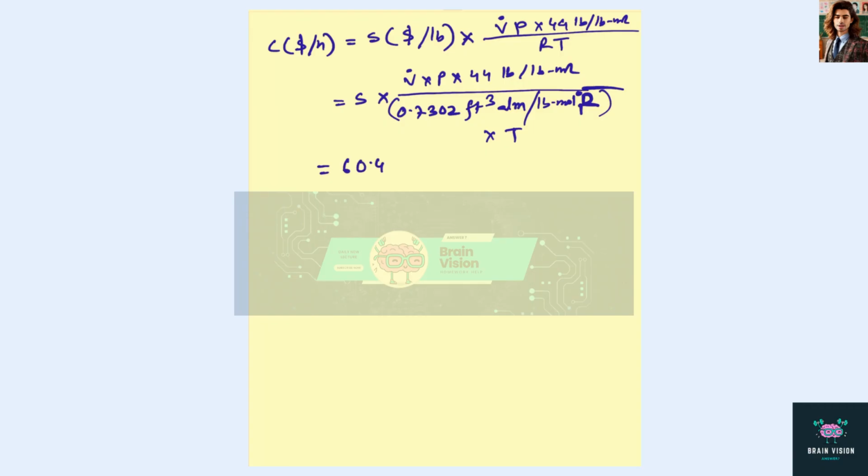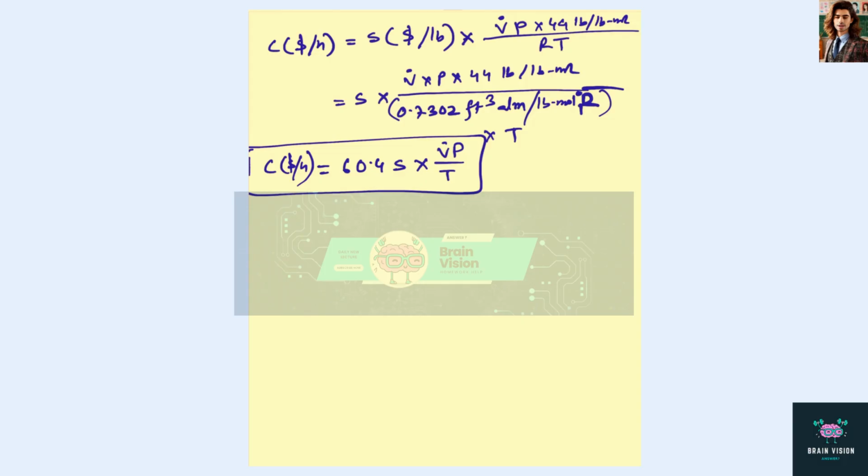And as we do this calculation, we will get 60.4 S multiplied by volumetric flow rate multiplied by P divided by T. Therefore, this is the relation that we get. This is the equation we had to derive.